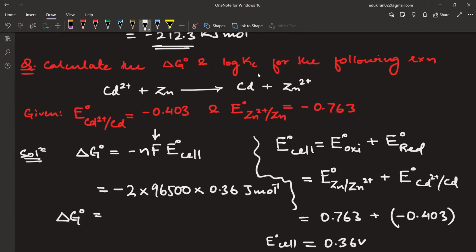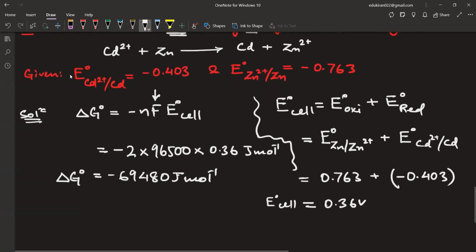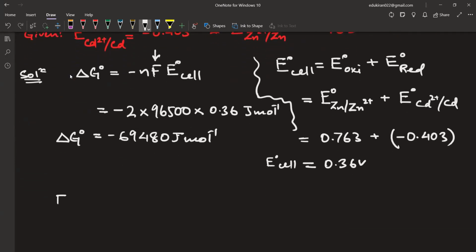तो डेल्टा जी नॉट विल बी इक्वल टू माइनस 69480 ना, जूल per mole. ठीक है. नेक्स्ट क्या कैलकुलेट, डेल्टा जी नॉट हो गया. अब क्या कैलकुलेट करना है? लॉग केसी. वी हैव ई नॉट सेल, सो वी नो द फॉर्मूला. क्या है? ई नॉट सेल इज इक्वल टू 0.059 डिवाइड बाई एन लॉग केसी. कर लीजिएगा, मदद की जरूरत है?